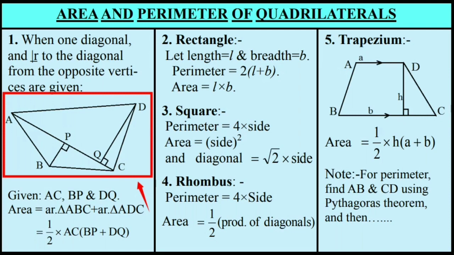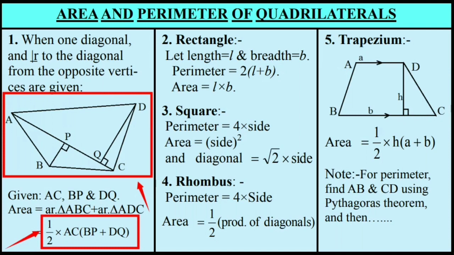If the perpendicular drawn from B to AC, that is BP, and the perpendicular drawn from the point D to AC, that is DQ, are given, then easily we can calculate the area of quadrilateral ABCD by taking two triangles ABC and ADC, where for both the triangles base and height are given.